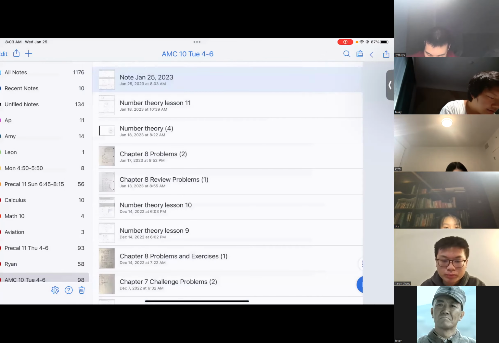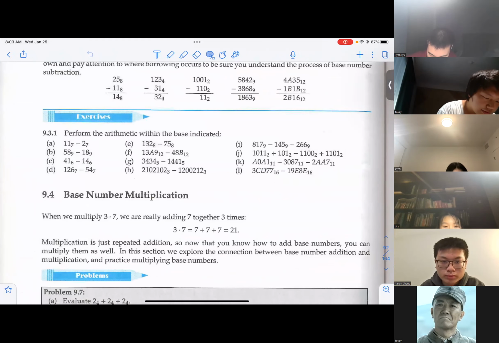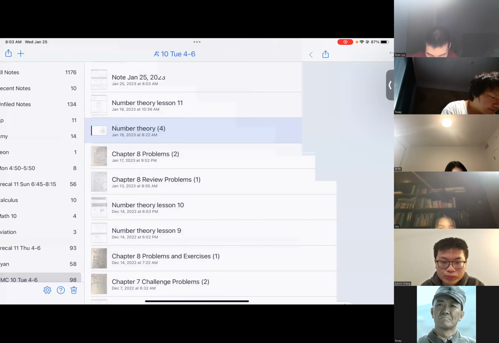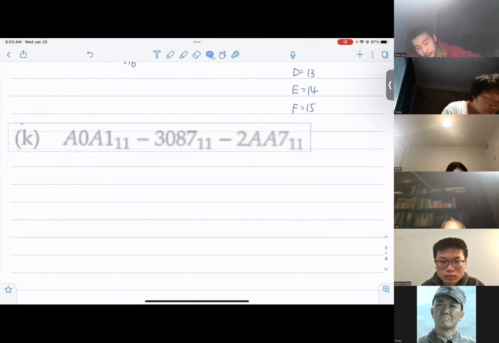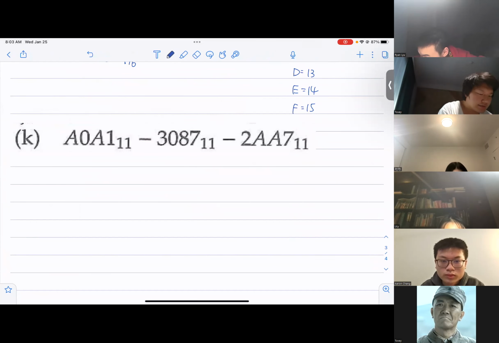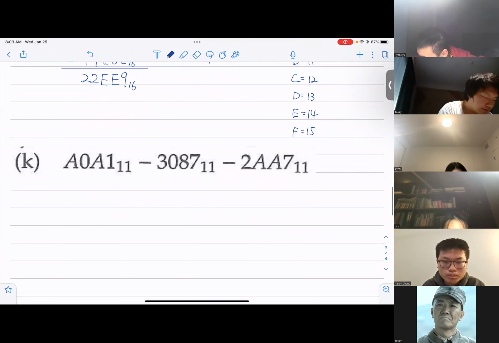So Lily, I'm going to make you do one exercise, and I think that'll be okay for everyone. So let's do this, which is base 11, okay? So base 11, you just need to know A is 10, right? It wouldn't be too hard.